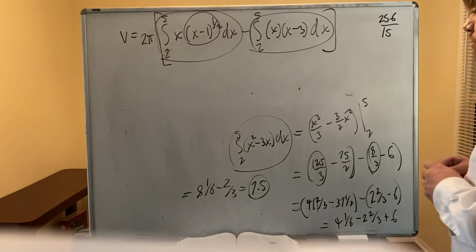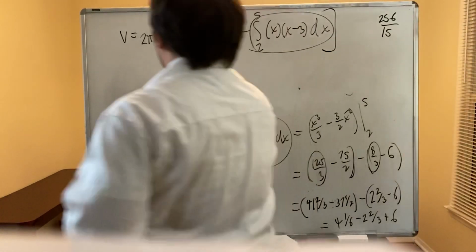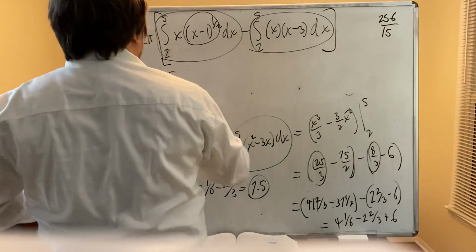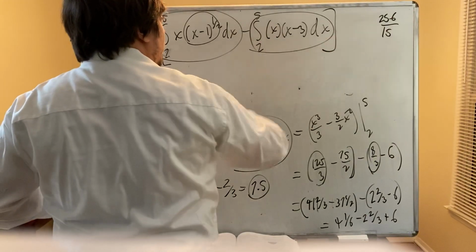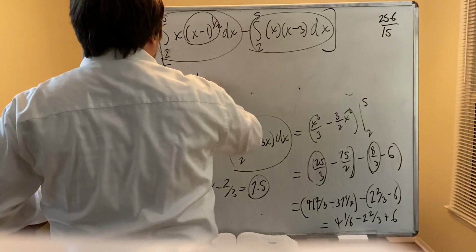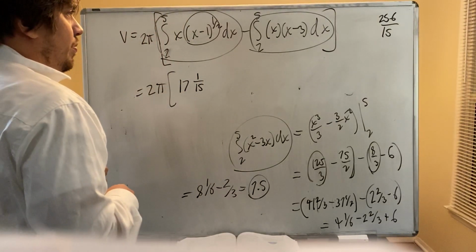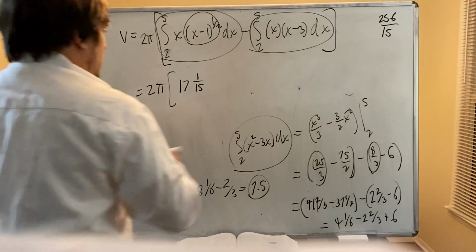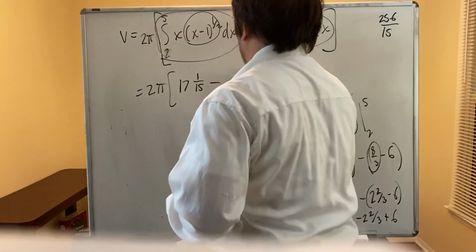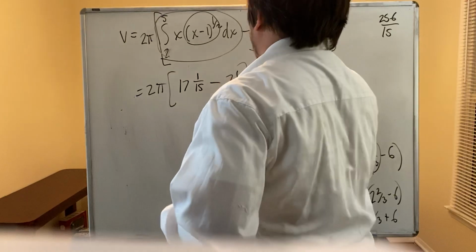Okay, so that's 7.5. So this is equal to 2 pi. Now, this is 256 over 15, which is 17 and 1/15, minus 7.5. Now we're good.